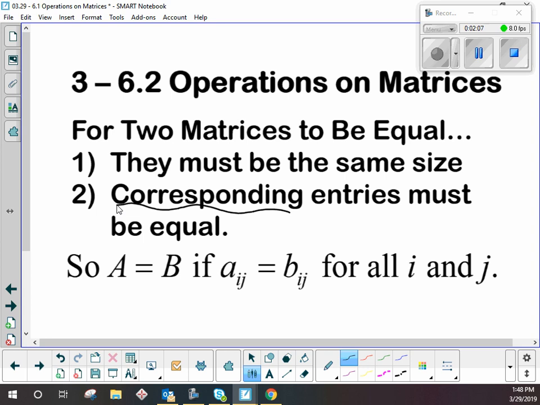That doesn't really have anything to do with their value. That has to do with their placement. What do you think corresponding entries would mean? Same things in the columns and the rows, right?